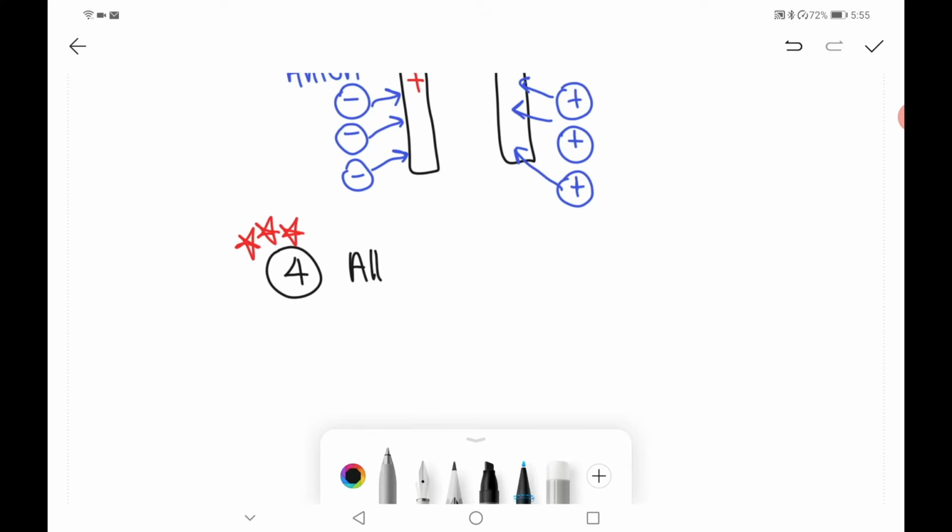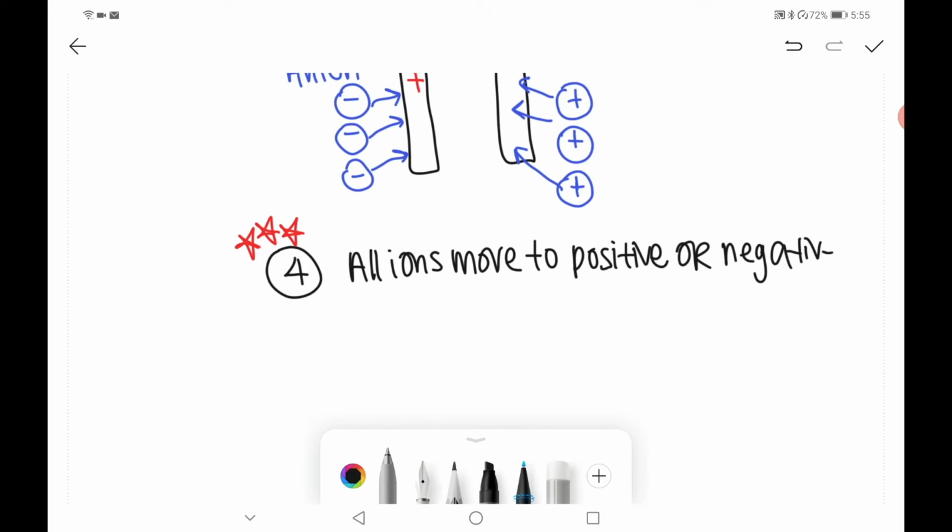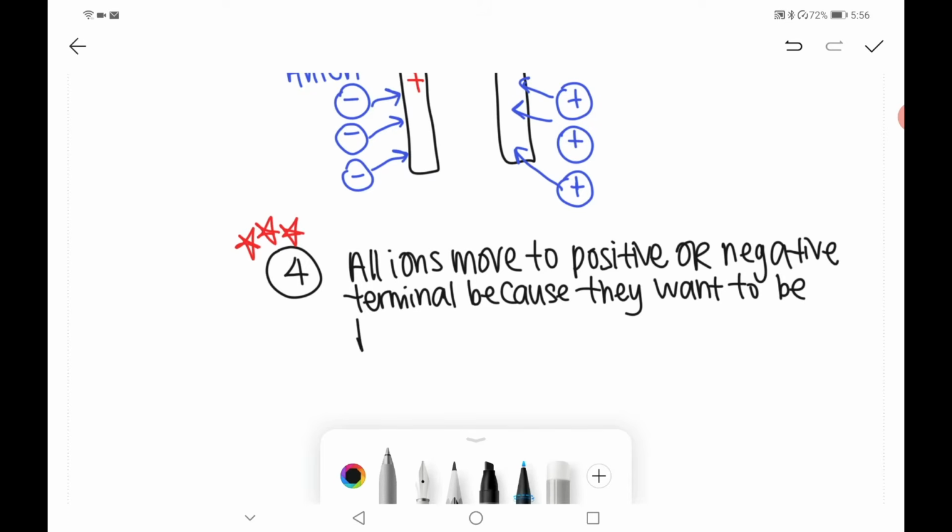All ions go to the positive or negative terminal for one reason only: they want to be, learn this word, discharged.